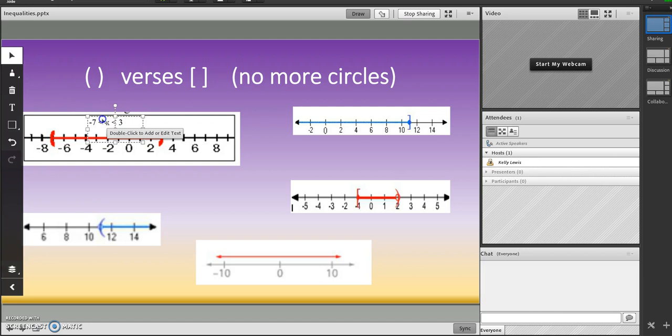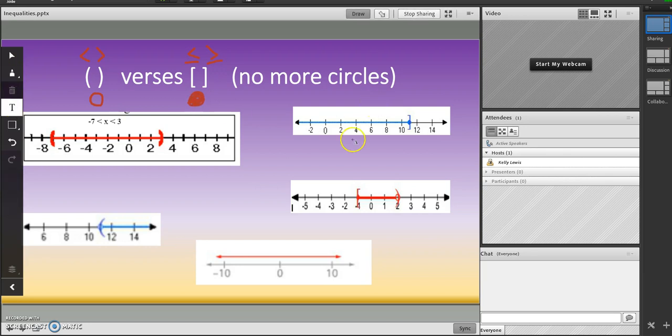A parenthesis means less than or greater than. A bracket means less than or equal to or greater than or equal to. Just like an open circle meant less than or greater than, and a closed circle, a shaded in circle, meant less than or equal to or greater than or equal to.